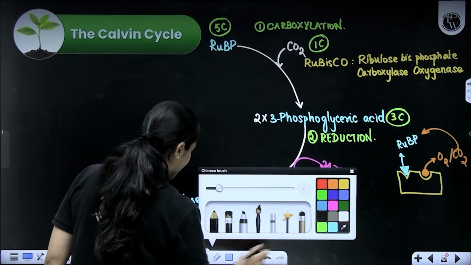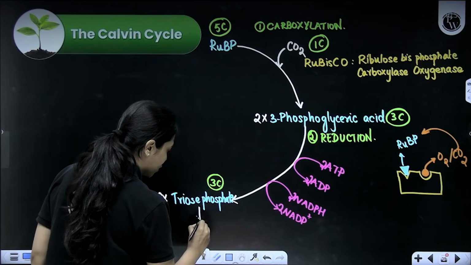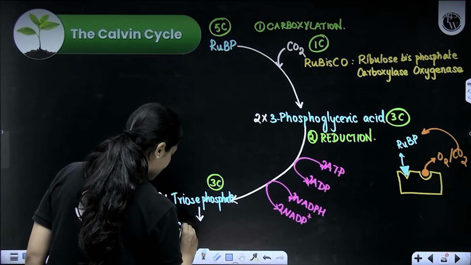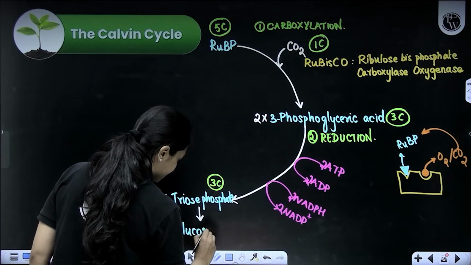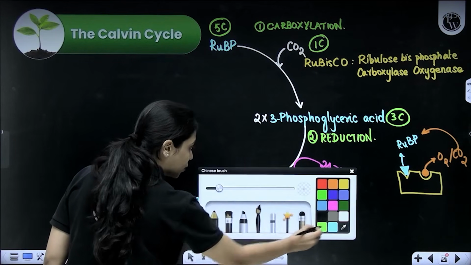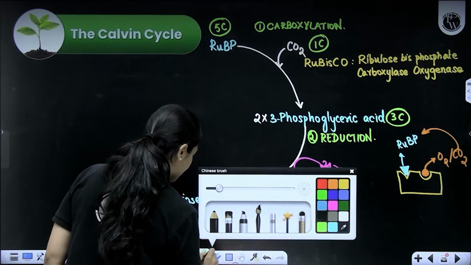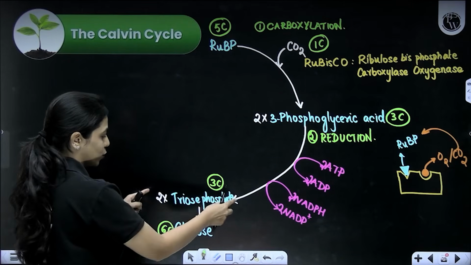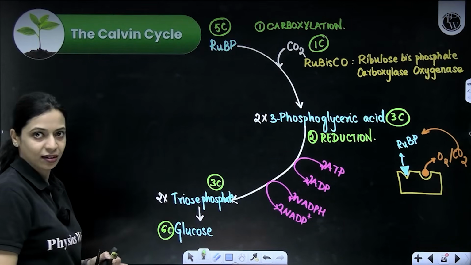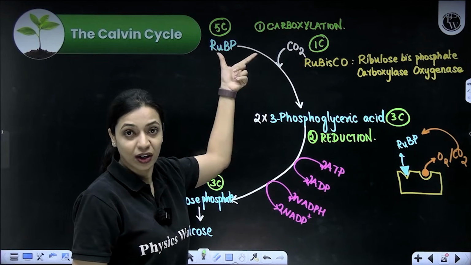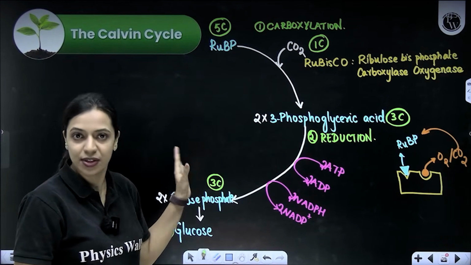Further, this triose phosphate is withdrawn from the cycle and used in the formation of glucose. Okay, glucose has 6 carbons. But here we have 2 such molecules. If glucose forms right here, RUBP will not get regenerated. If RUBP does not get regenerated, more glucose molecules cannot form.